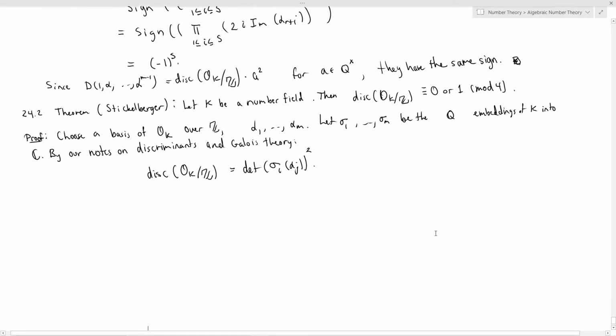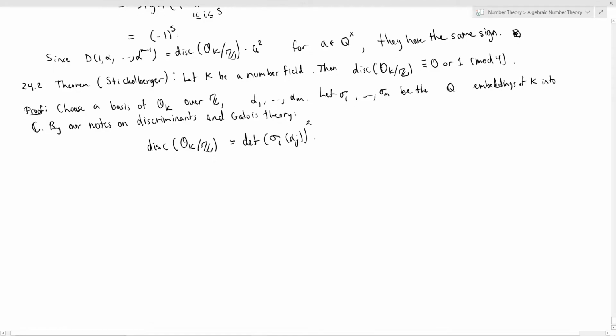Okay. So remember, this basically just came down from the formula for trace involving Galois conjugates.